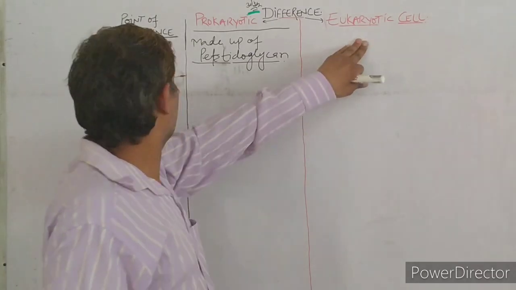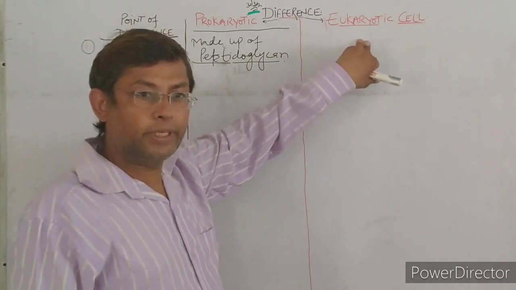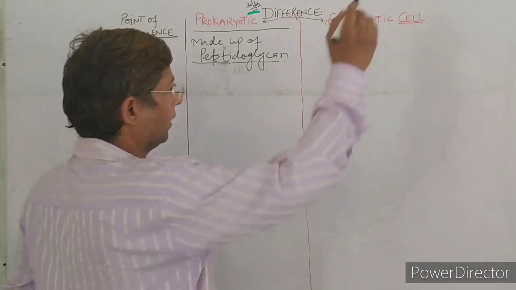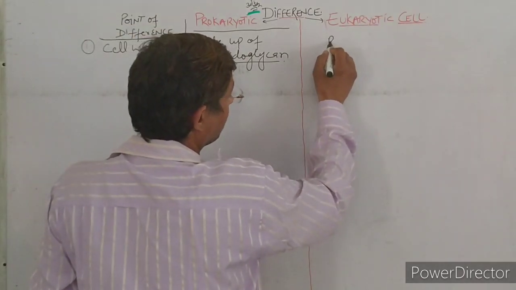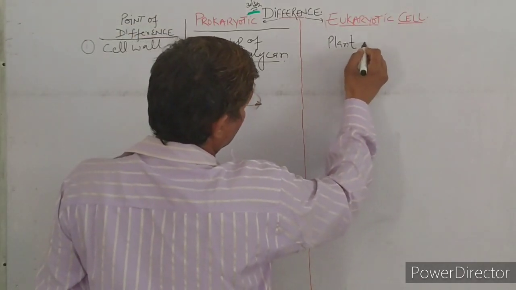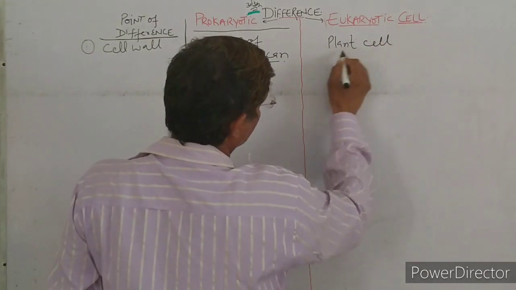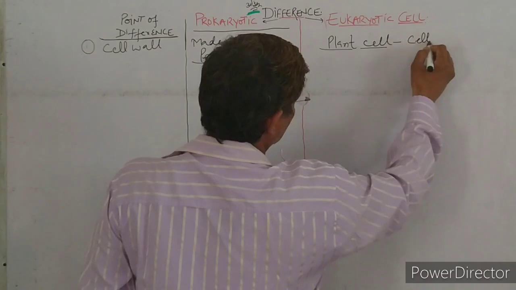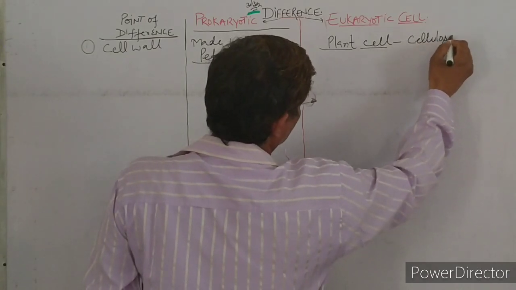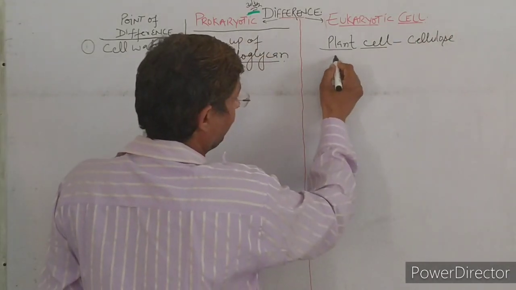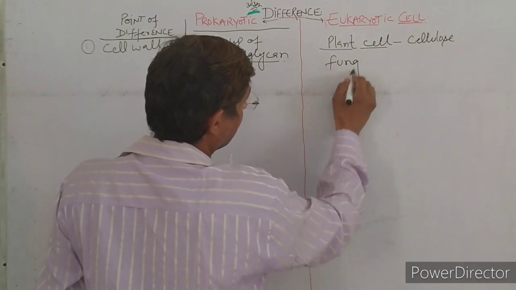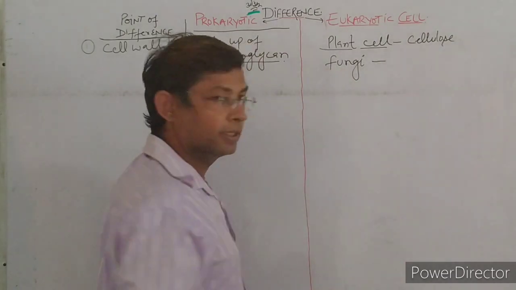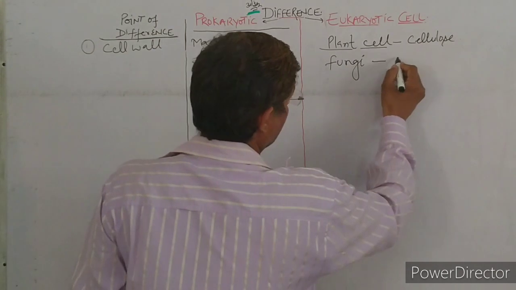And in eukaryotic cells, plants have a cell wall which is made up of cellulose, while in fungal cells, or in fungi, it is made up of chitin.